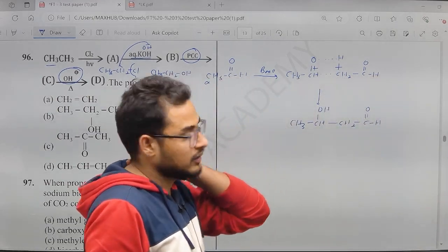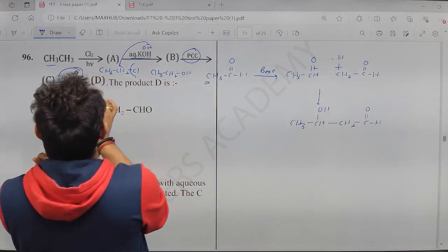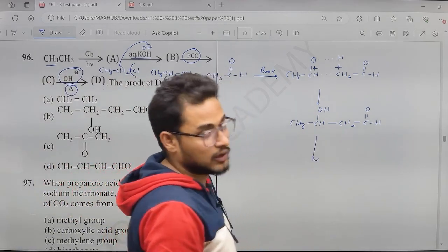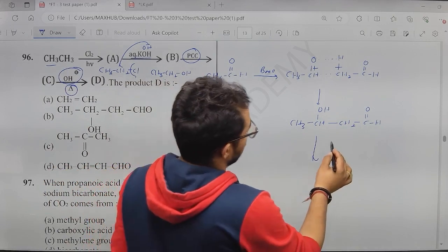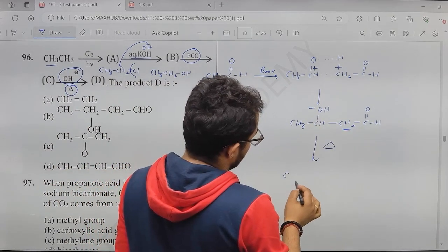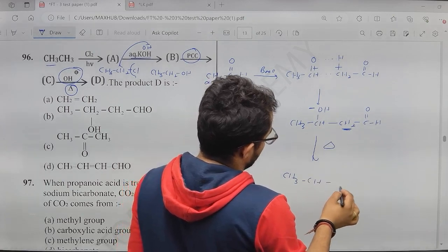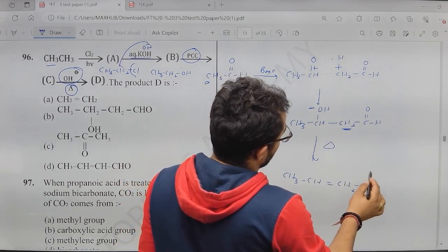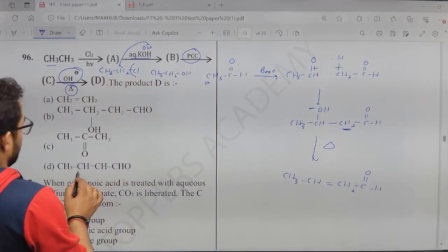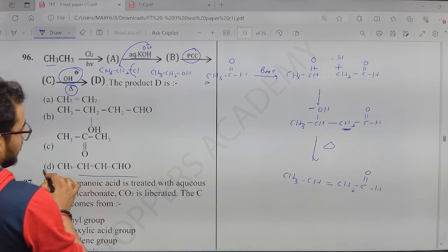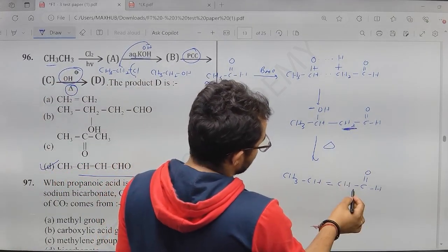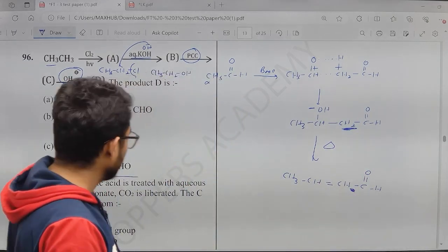Now you are going to heat it. We know that it is aldol. Aldol on heating, H will be removed from here, OH will be removed here. You are going to write this unsaturated aldehyde. This will be the right answer. H has been removed now, so it will be having only one hydrogen.